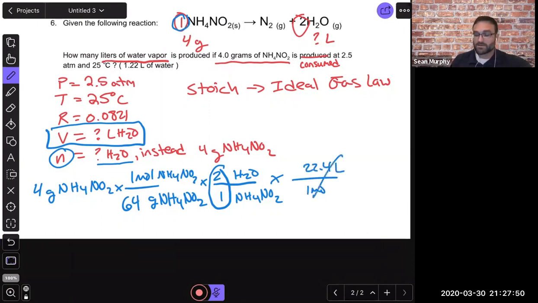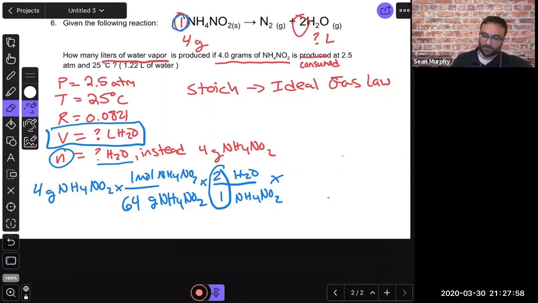We cannot do this because we are not at STP. So we have to solve for moles and then put it in our PV equals nRT formula. So we're going to stop there.